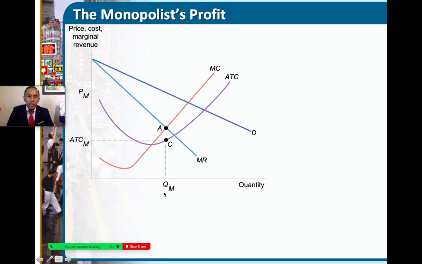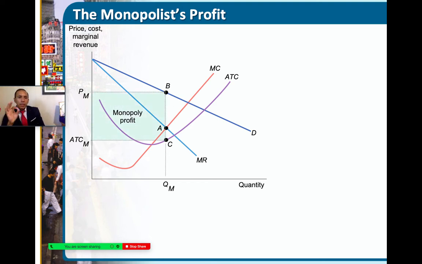But the monopoly now has an understanding of the quantity it is going to produce to maximize profit, and it has an average cost of production at point C to produce that quantity, ATCM. The monopoly is going to go on the consumer demand and set the price right on the vertical point here on the demand curve and generate profits.